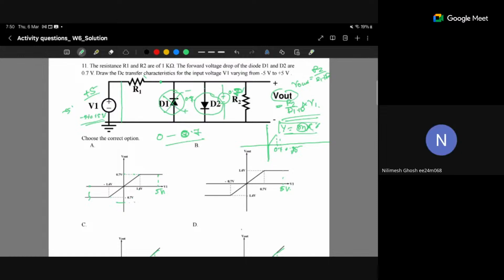So this V out will vary linearly with the input voltage V1. If we ask what the slope of this linearly varying line is, you can easily say that the slope will be R2 by R1 plus R2.